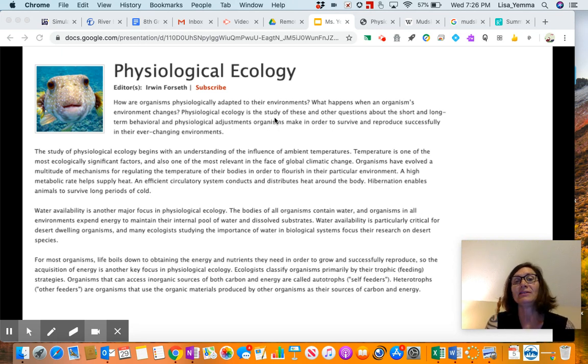Physiological ecology is the study of these and other questions about the short and long-term behavioral and physiological adjustments organisms make in order to survive and reproduce successfully in their ever-changing environments. So one of the things that we noticed with organisms that had mating behavior is that mating behavior was really important for a female to select a male to fertilize her eggs and pass on the genetics of the population.